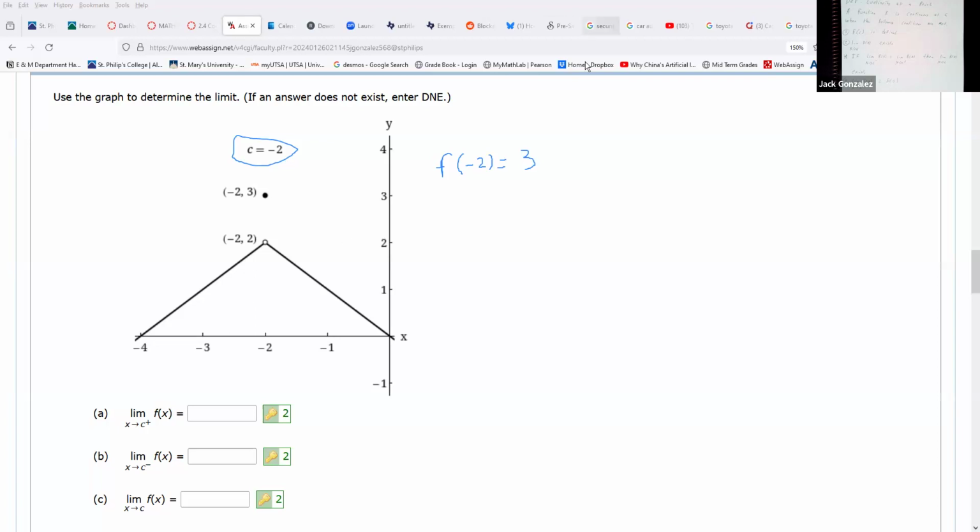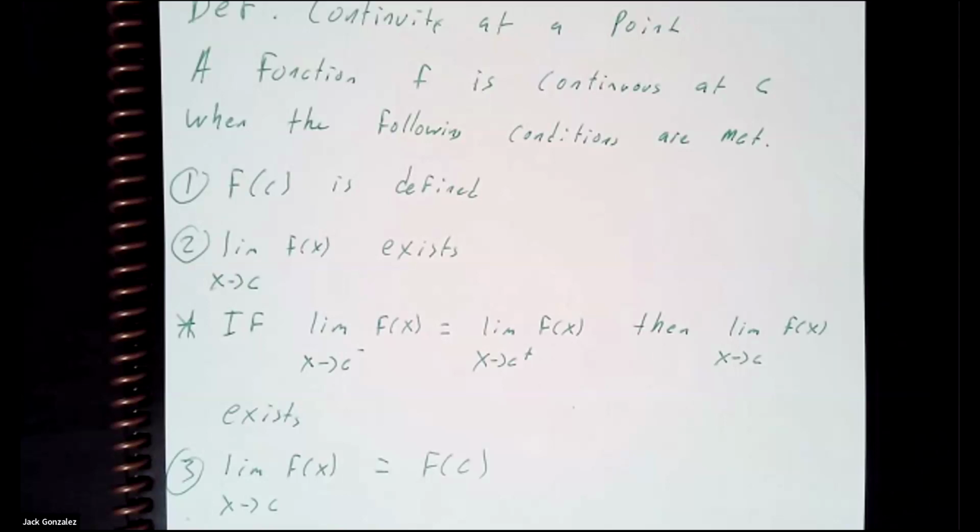What is the limit as we approach -2 from the right and the left? What are the y values doing? Heading towards 2. Yeah, they're both going to 2. So since both of them are 2, then the limit exists. But it is not equal to the functional value. That fails on what number 3 was saying.